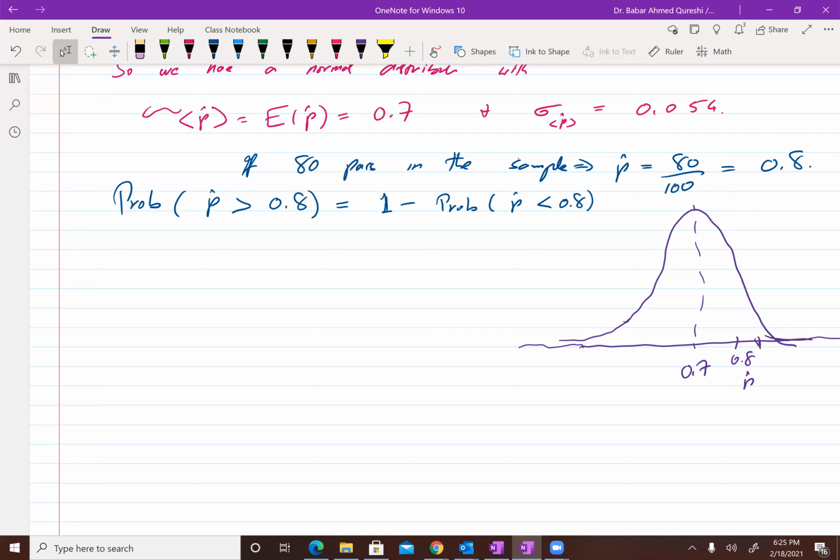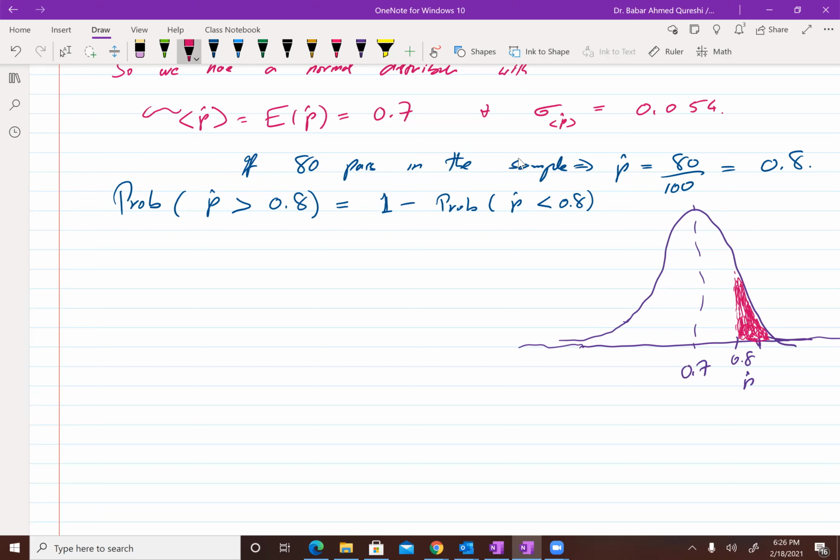So you want the probability of all these things, that in your sample the proportion of people who have passed is more than 0.8. So you want this area.